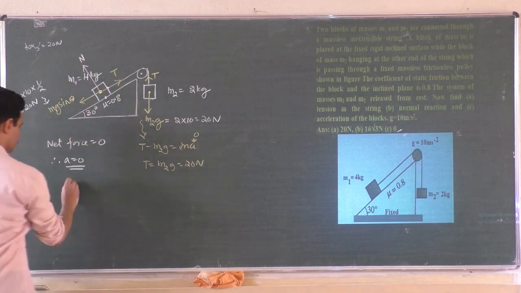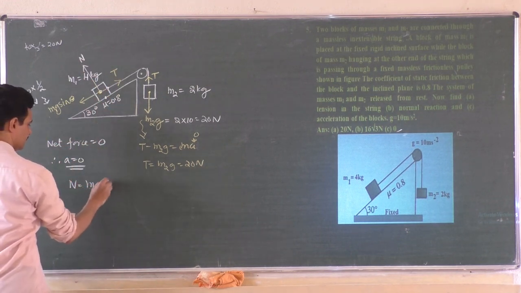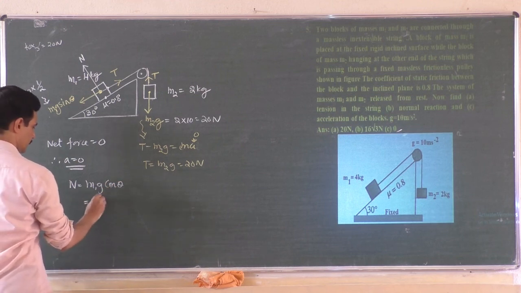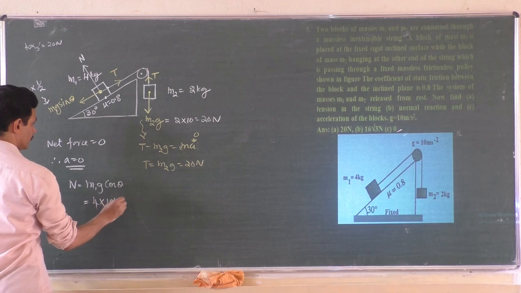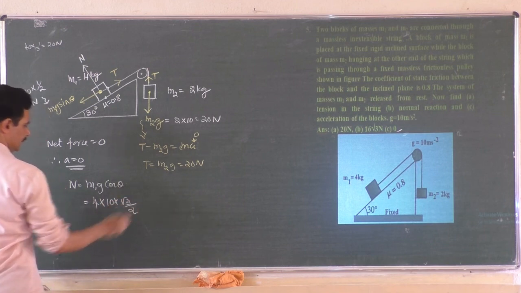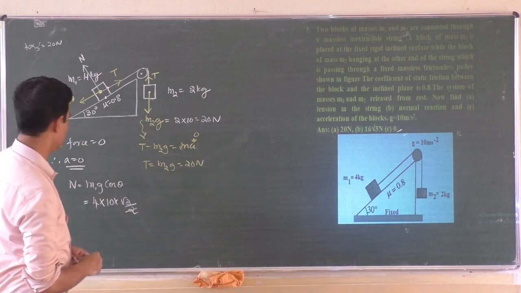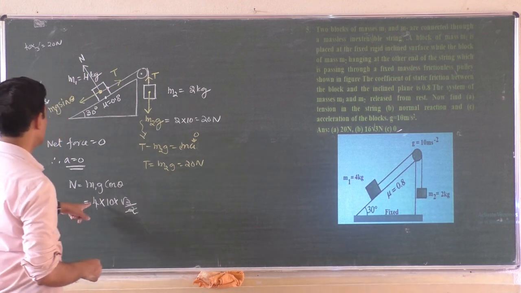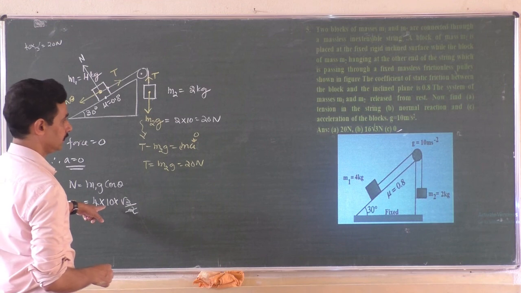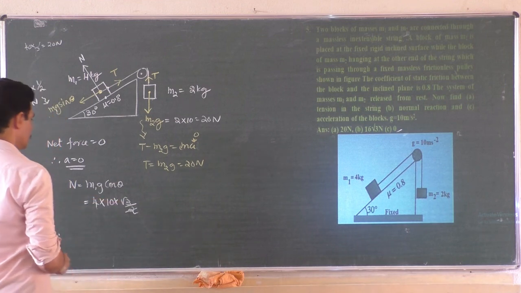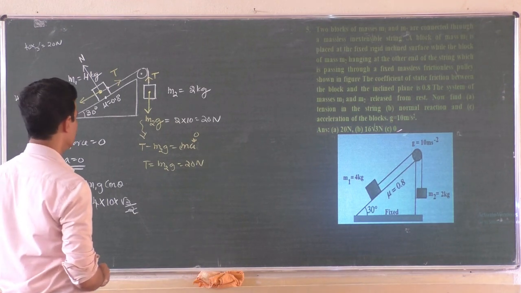So N is equal to m1 g cos theta. m1 is 4 kg, g is 10, cos 30 is root 3 by 2. So that is 20 root 3 newton, right?